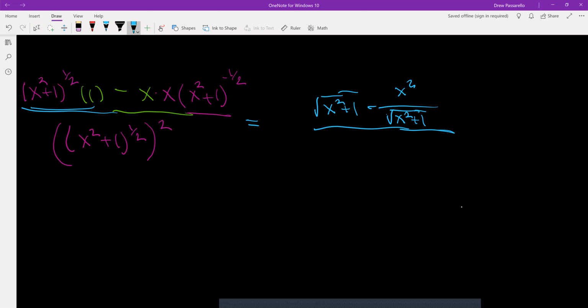And in this, I have 1/2 times 2, where these would divide or cancel out, so you just have x squared plus 1 on the denominator.